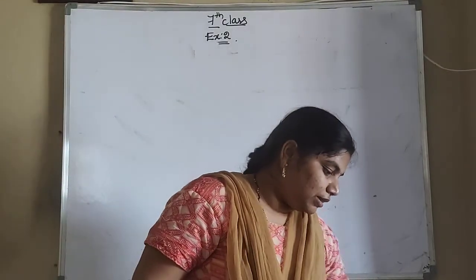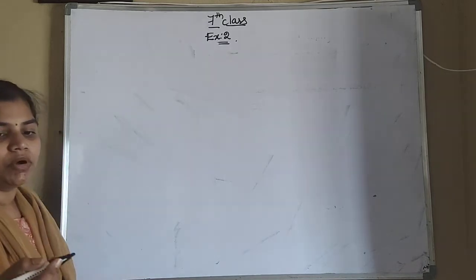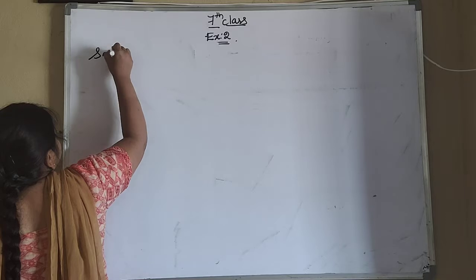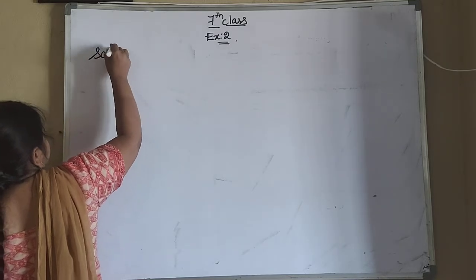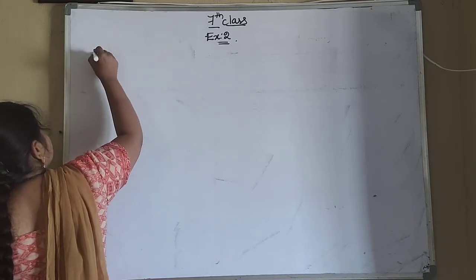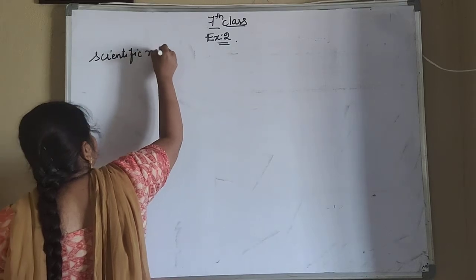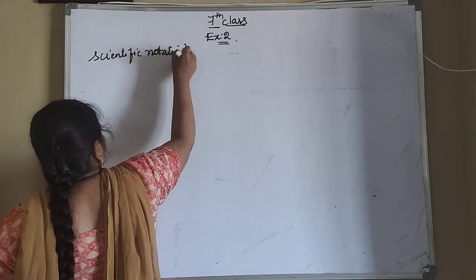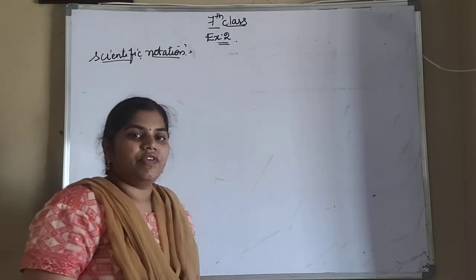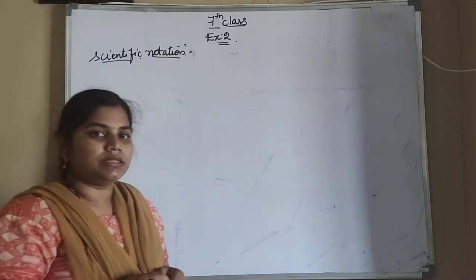Scientific notations are nothing but very smaller numbers or very bigger numbers written in the simplest form, and we will call it scientific notation.